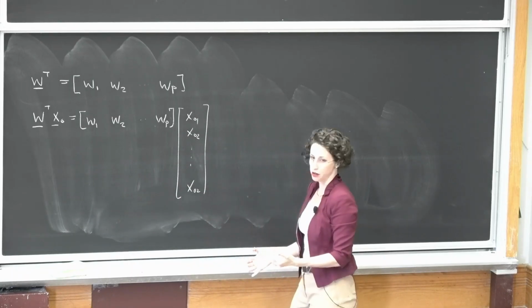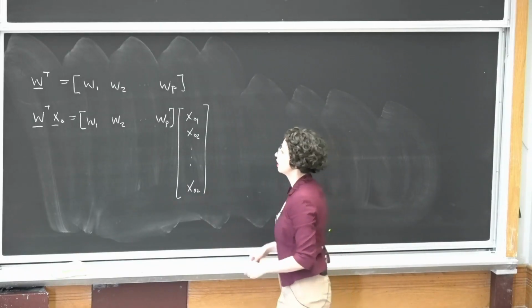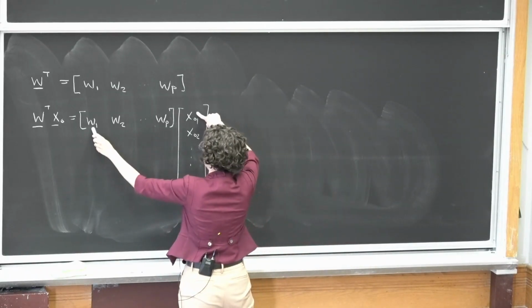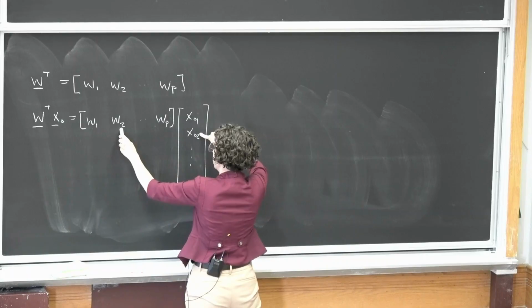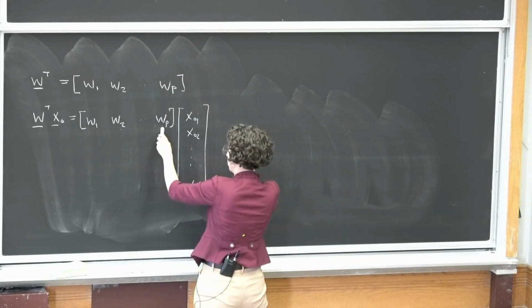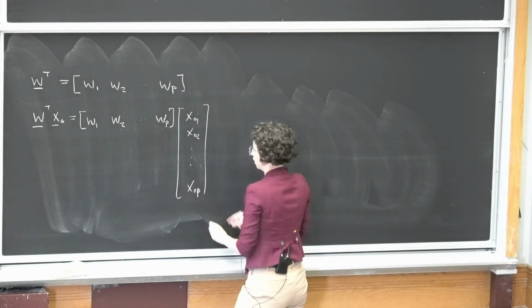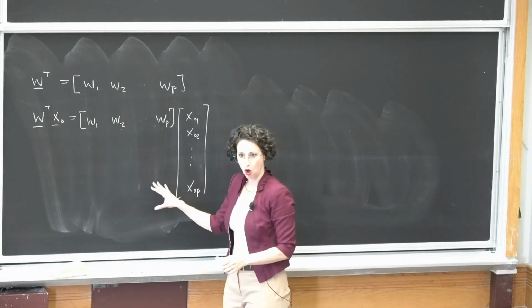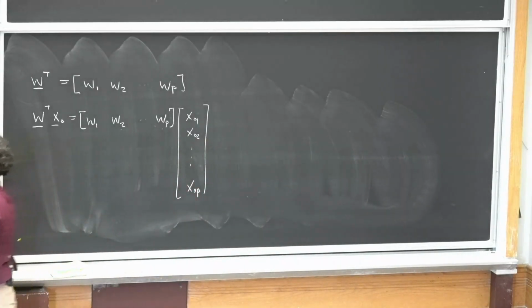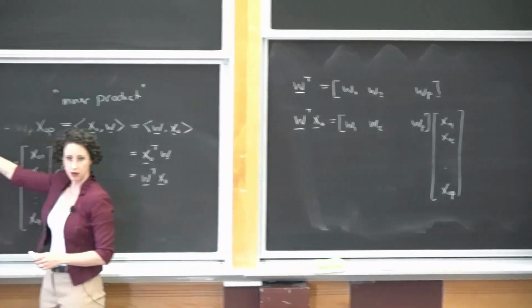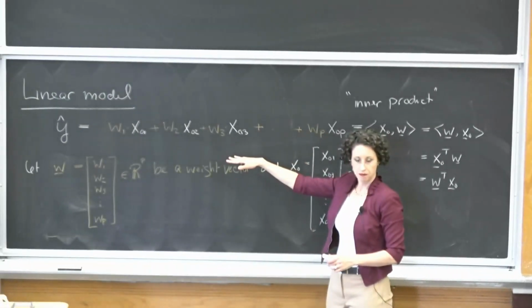What's happening here with this notation is we're saying you're going to multiply the first elements of the two vectors, the second elements of the two vectors, all the way to the pth elements of the two vectors, and then add up all those products, which gives you exactly the weighted sum of our linear model.